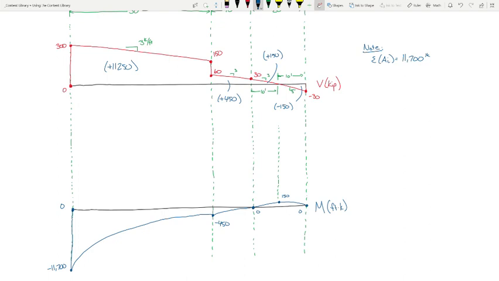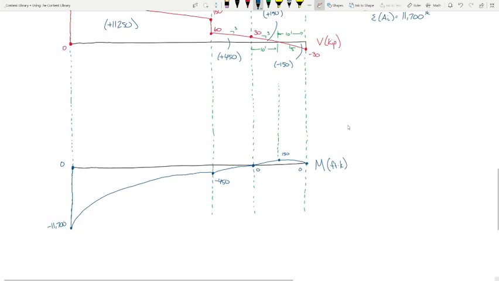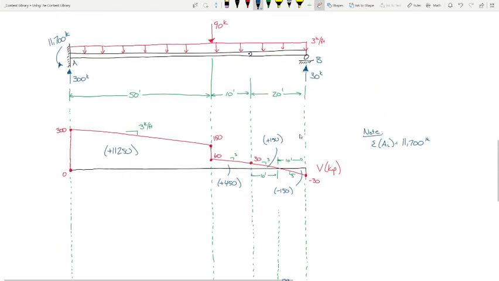So far, so good? Now, here's something that's kind of interesting. We sort of glossed over that our moment diagram is 0 right here. Where is that? The hinge. That's where the hinge is. So if we scroll up, we can see that our moment diagram is 0 right at the hinge.